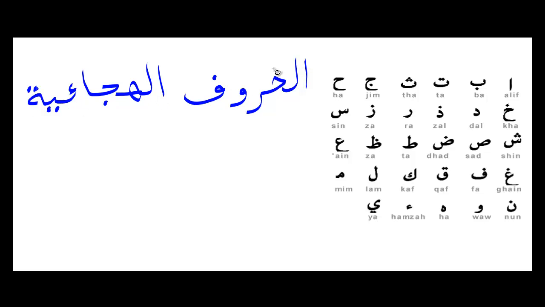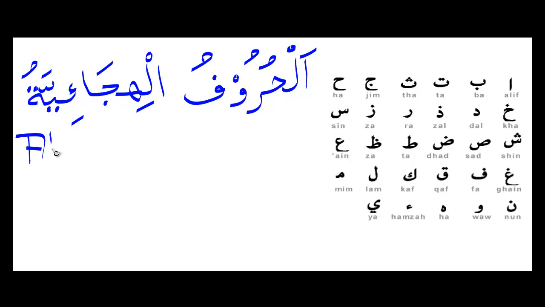And so that's why they're called the alphabet. Let me put the marks there for you. Al-hurufu al-hijaiyatu. Okay? And so this is the alphabet. Now if you have learned these, then you'll know that most of these are consonants.